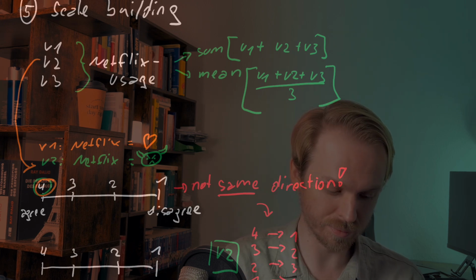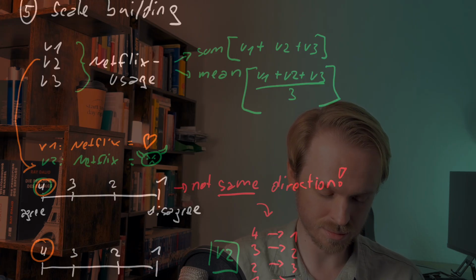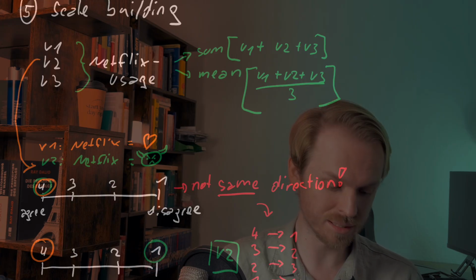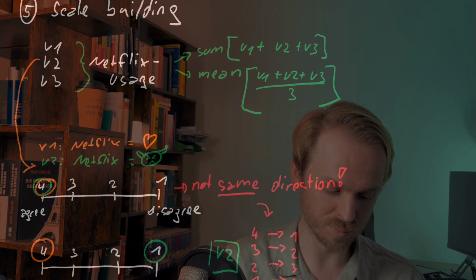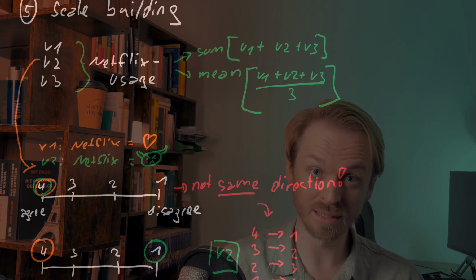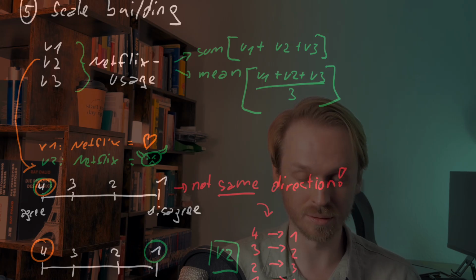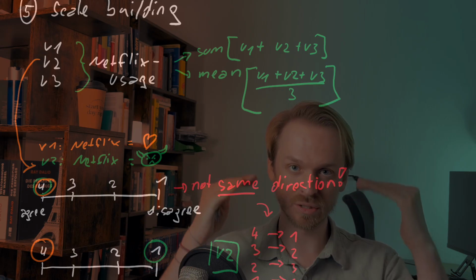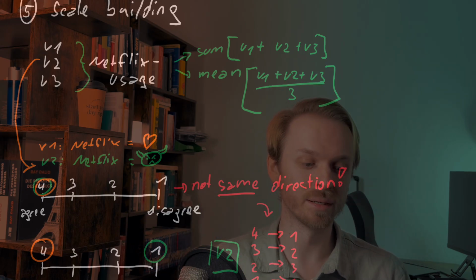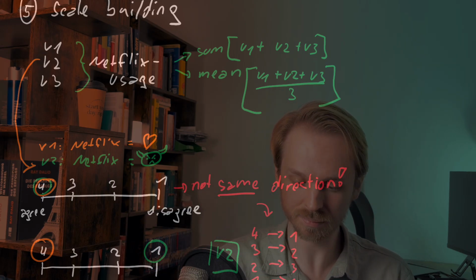So you have to look whether this goes into a pattern where it makes sense. If people say I love Netflix, it should be up here, and if people say they hate Netflix, it should go down here. Every question should have a logical, topic-related order which goes in the same direction.